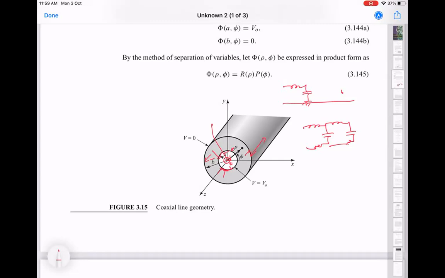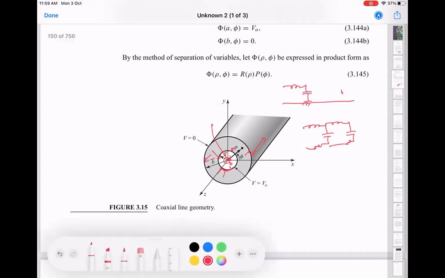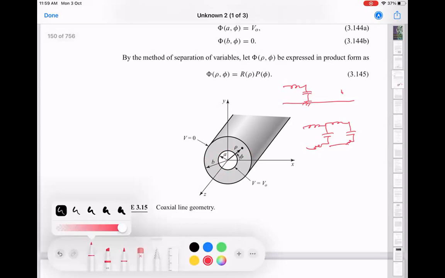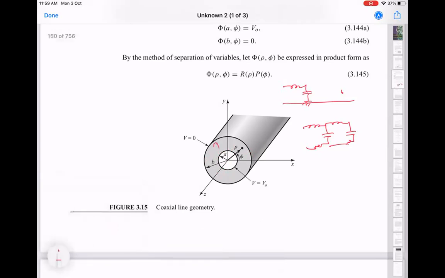But the point is that the relevant surfaces, let me clean this up again, are the inside surface of the outside conductor and the outside surface of the inside conductor for the coaxial line. So the only dimensions which then matter are the radius of both cylinders.